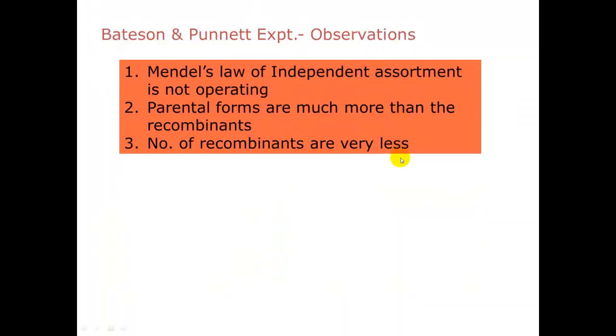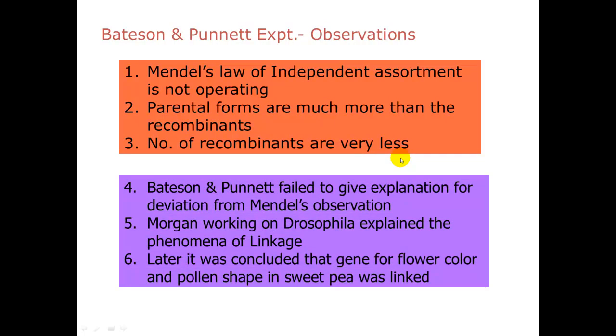Later on, they tried to explain the reason but could not explain exactly what the reason was. So they observed that Mendel's law of independent assortment is not operating. Parental forms are much more than the recombinants and the number of recombinants is very less.